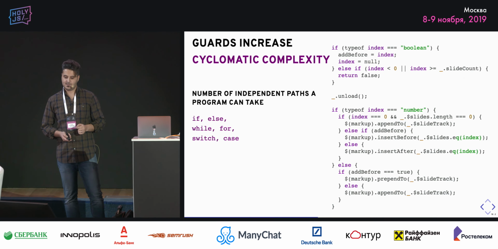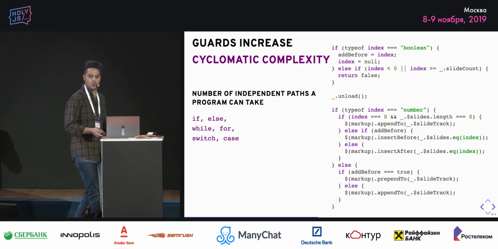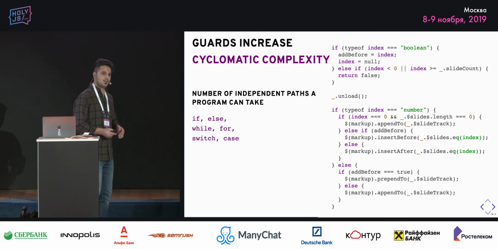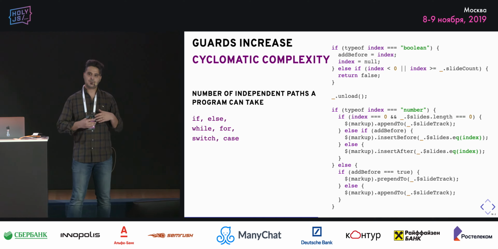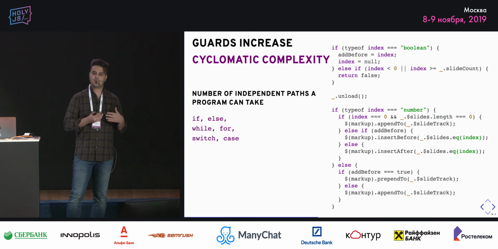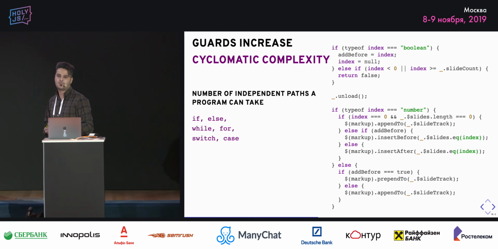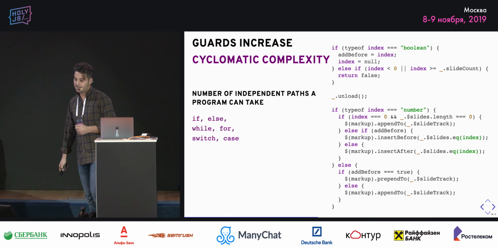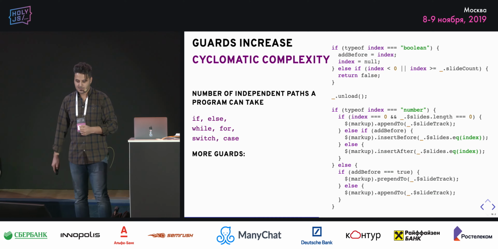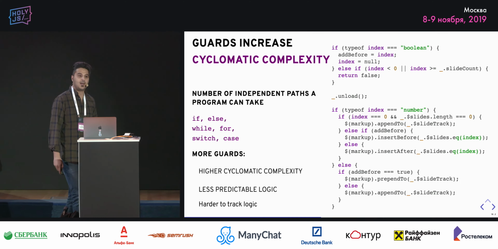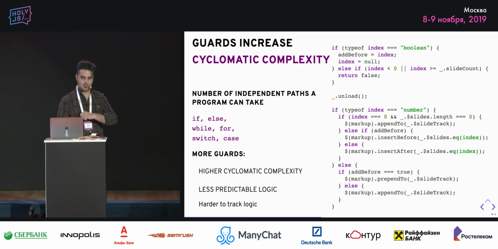Things that you use in guards, things like if, else, while, for, switch, case. These are the things that branch, so they introduce another path for your code to end up with. So these are different independent paths that a program can take, and they increase cyclomatic complexity. So more guards means higher complexity and less predictable and understandable code.